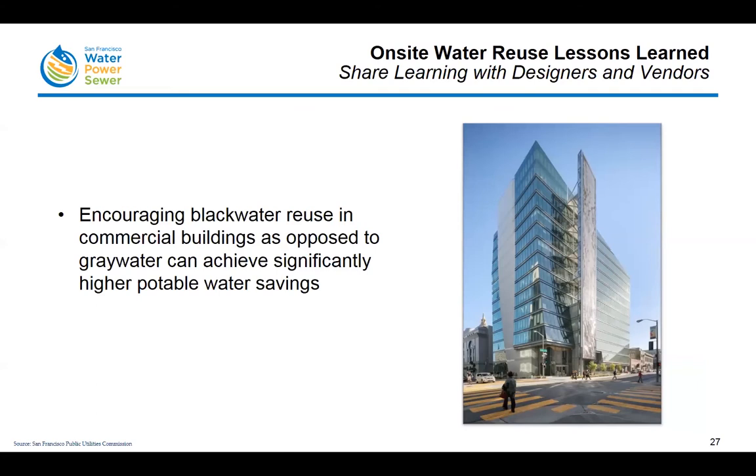The only graywater in a commercial building is coming from hand sinks, and you can't really get a lot of water savings from just capturing that small volume of water. So we encourage commercial office buildings to think about incorporating blackwater treatment systems, because you can get a lot more flow from capturing all of the wastewater in your building.